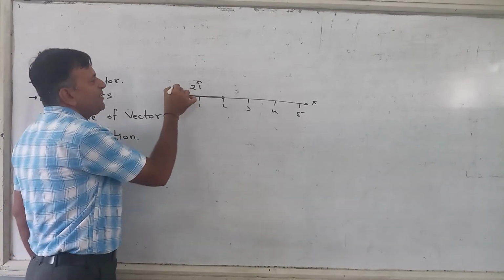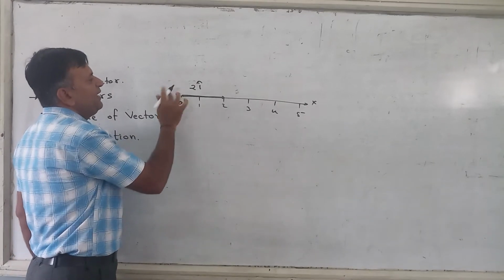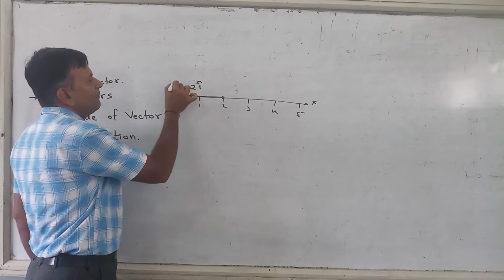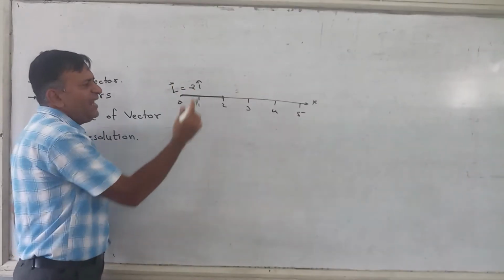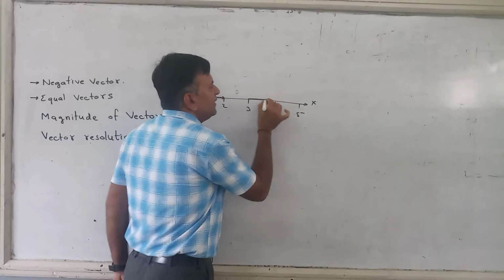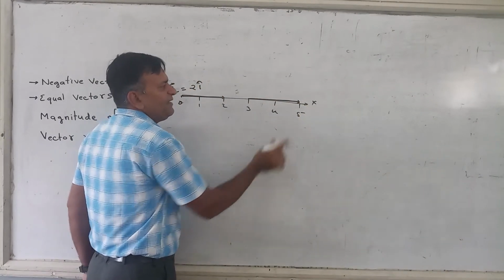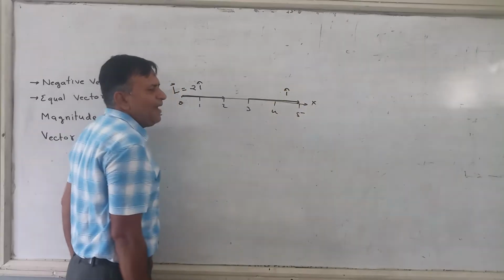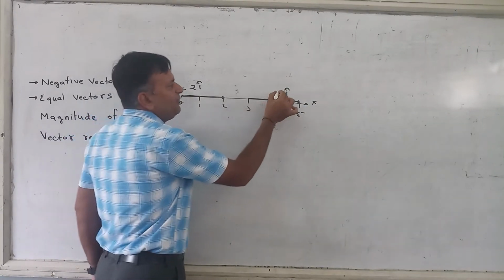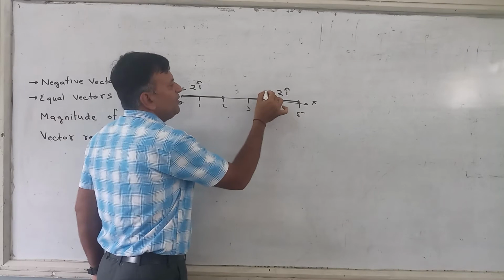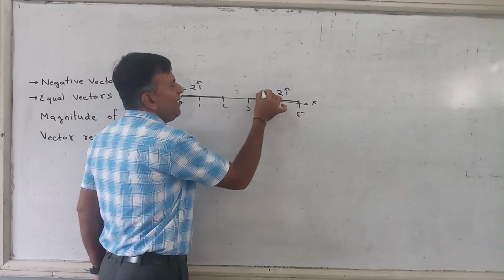I call this vector L. If I have another vector, this one, what is the direction? The direction is I cap. What is its magnitude? Magnitude is 2, and suppose this is vector M.